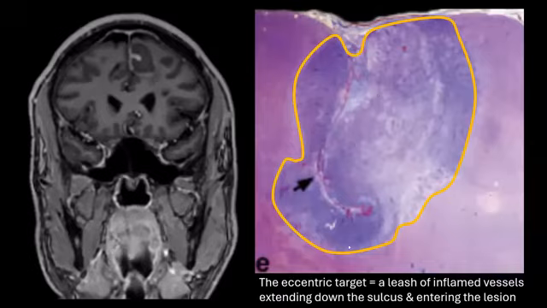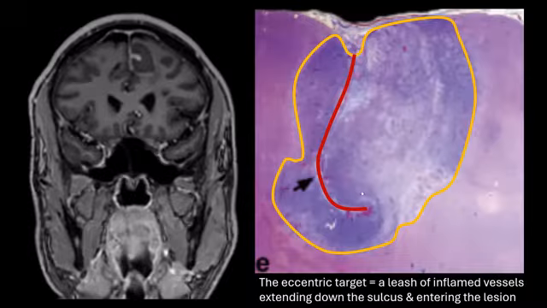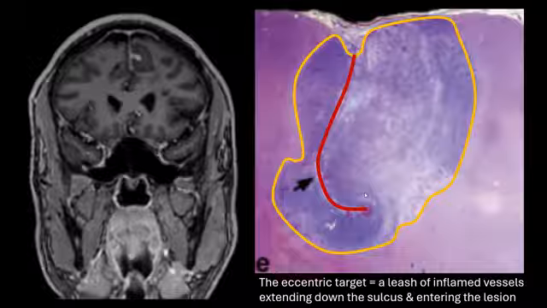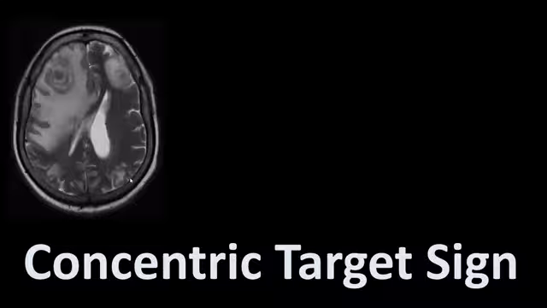This is the area of toxoplasmosis infection and inflammation, and these lesions tend to arise along the cortex. They can surround a sulcus, and the eccentric target sign is basically a leash of inflamed vessels extending down the sulcus and entering the lesion. So that's the explanation for the eccentric target sign, and it's actually very specific in my experience for toxoplasmosis.